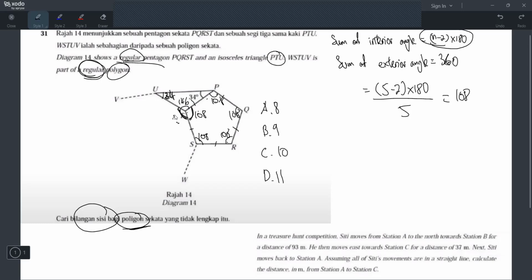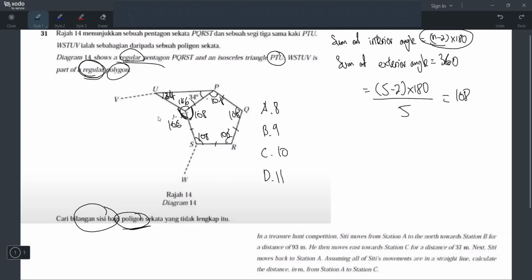360 minus 108 minus 146. My calculator gives me 106. So 106. It means in this polygon, although I don't know how many sides, each interior angle is 106, right? Wait, did I press correctly?